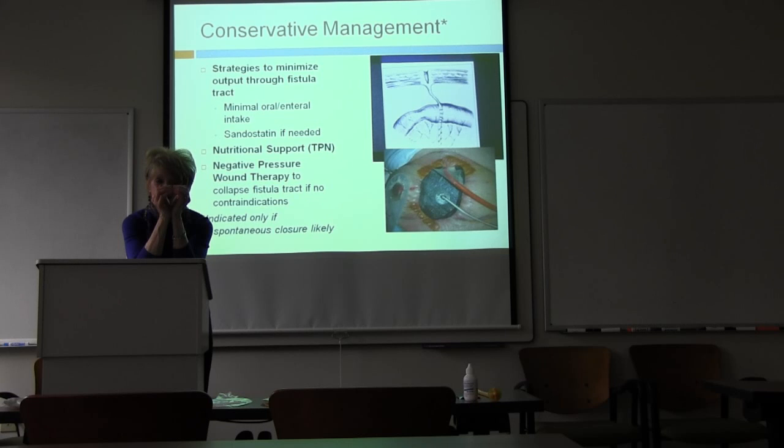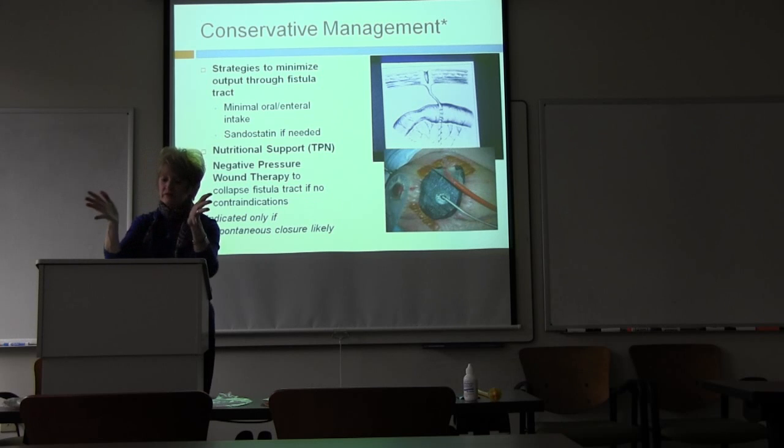So if I can take the defect from here to here, you can see that that's a much better situation in terms of trying to get this to heal spontaneously. So reason number 1 for using negative pressure wound therapy, hopefully we can reduce the gap between the sides of the defect. Pull the defect together, hold it there, so that less granulation tissue is required to seal the defect.